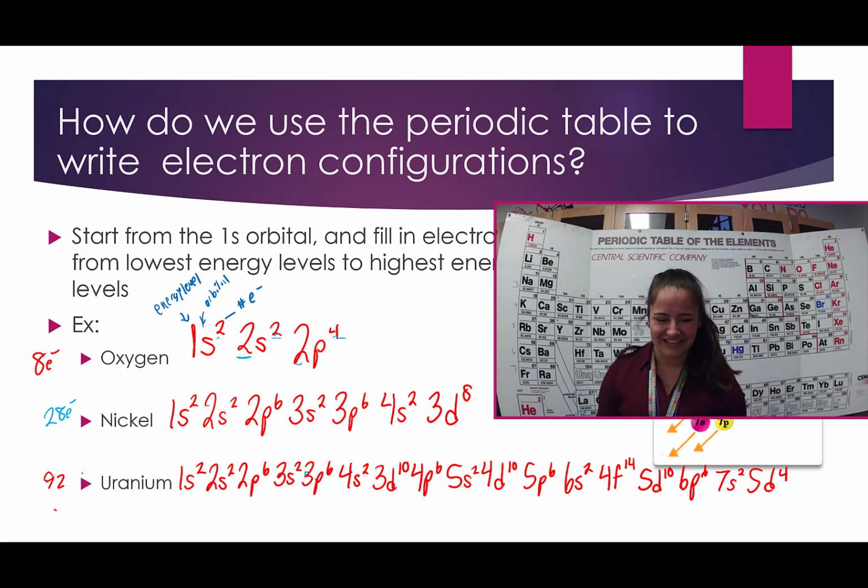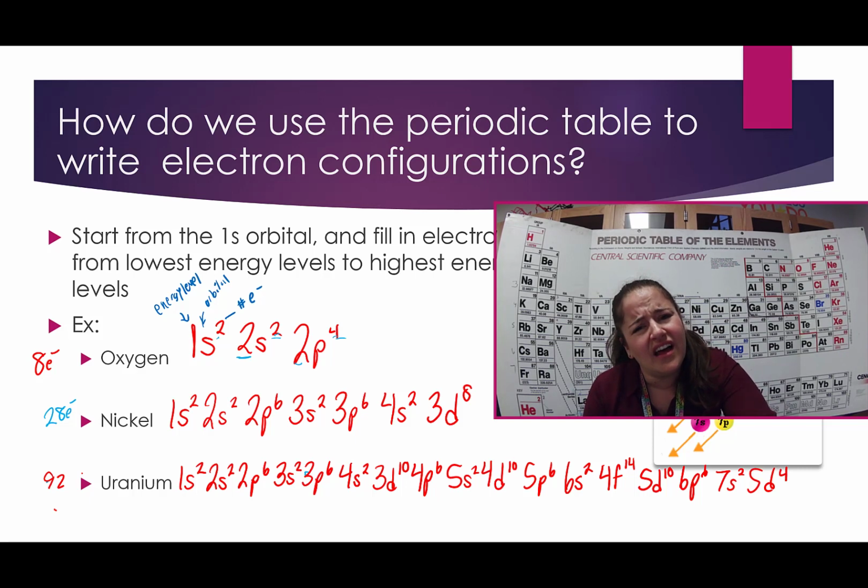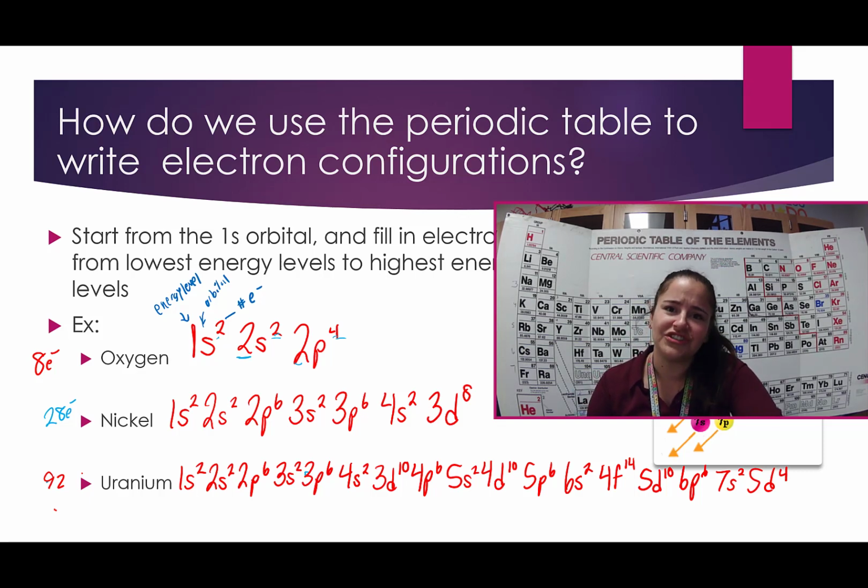We got all of our electrons, okay? And that was miserable, okay? Do you ever want to do that again? No, probably not. You want me to teach you the shortcut?